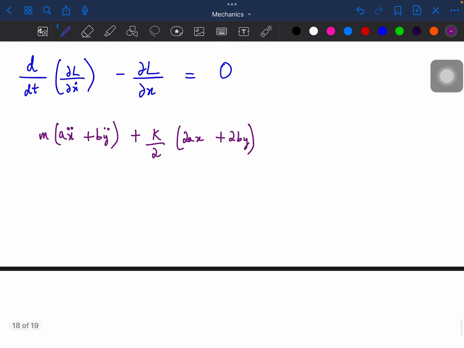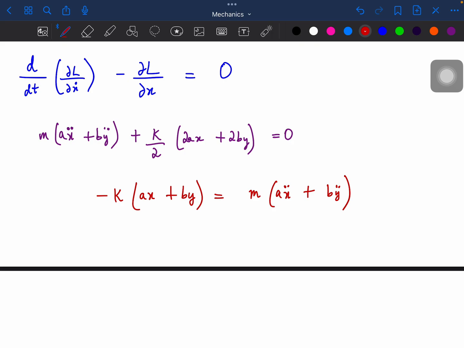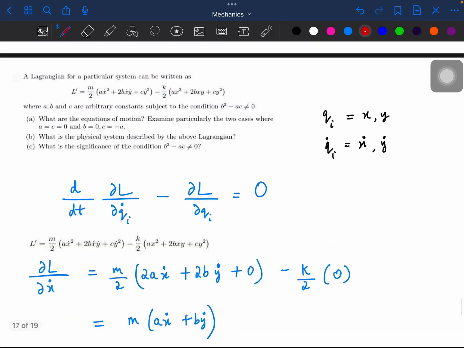I can simplify and write it as k(ax plus by) is equal to m into (a x double dot plus b y double dot). This is the first equation which you get when you form the Euler-Lagrange equation with respect to x.